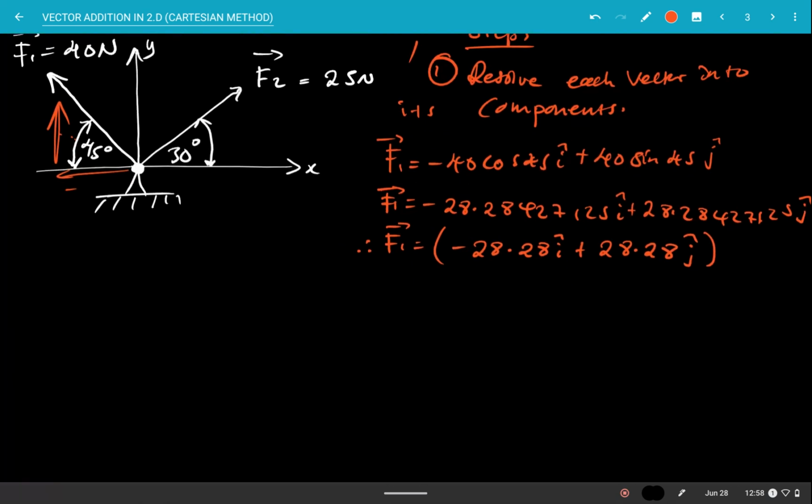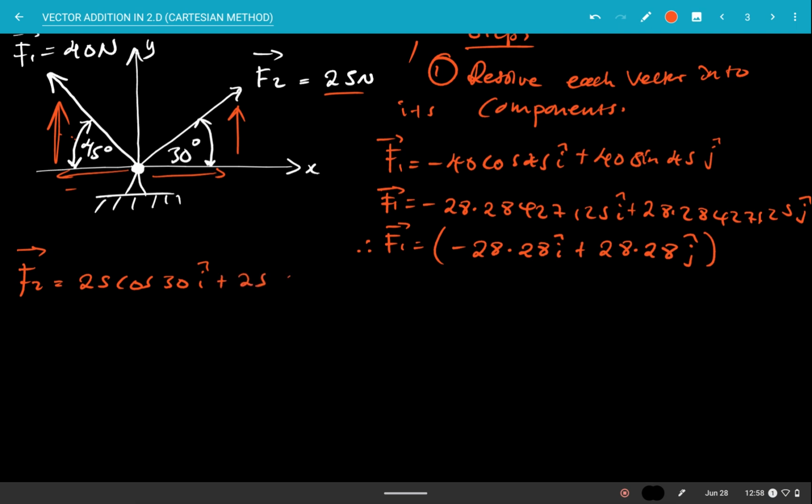Then moving on to F2, I'll do the same. I'll go in the positive X, then in the positive Y. Remember the magnitude is 25, so I'll have 25 cos 30 in the I. Then what next?